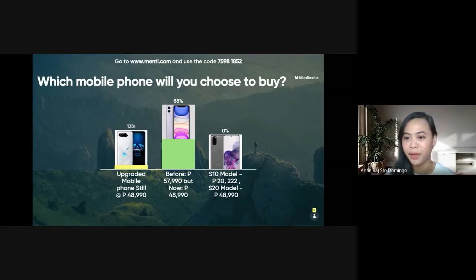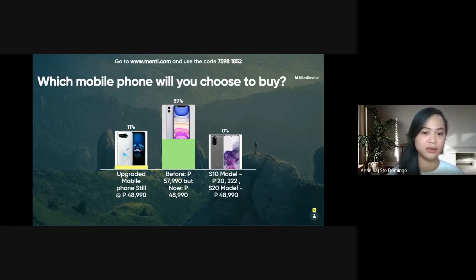We have 8 students who answered, and 13% picked the upgraded phone, still at 48,000.